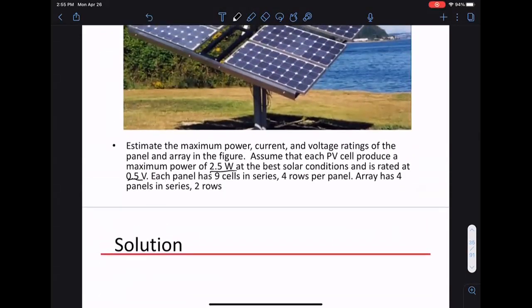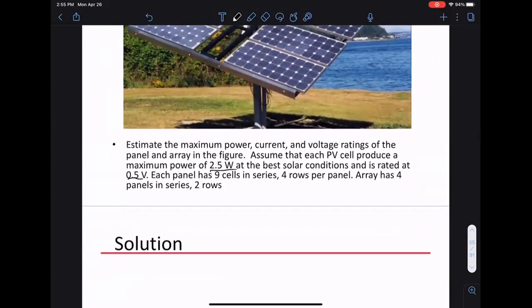So we want to compute the power output of the array and the power output of the panel.